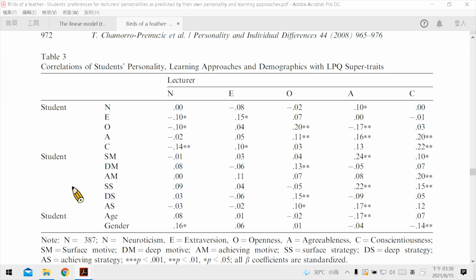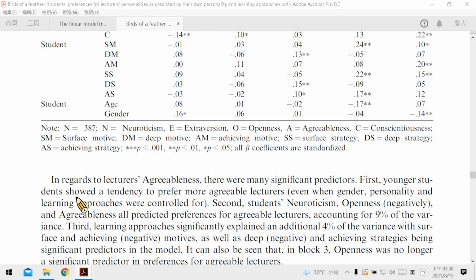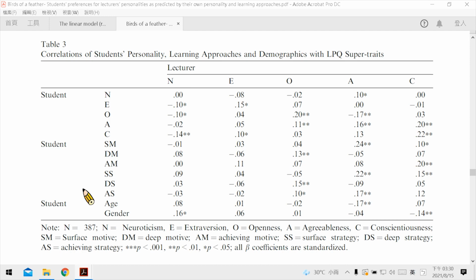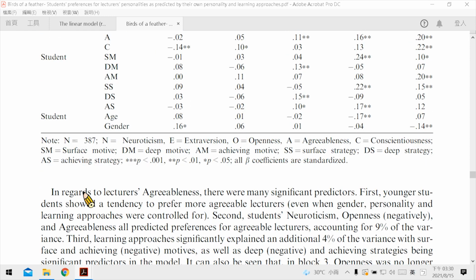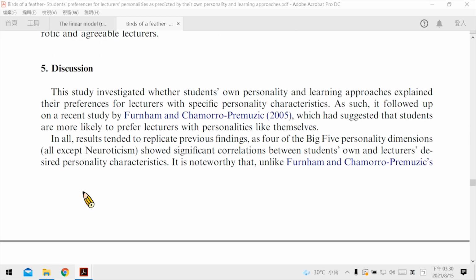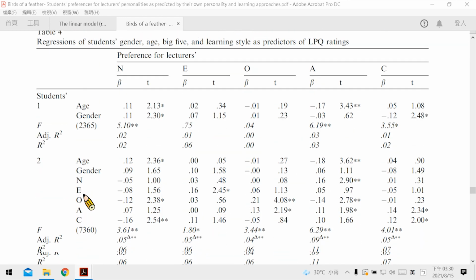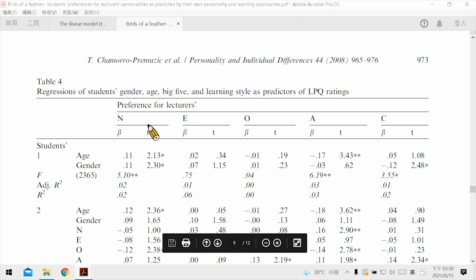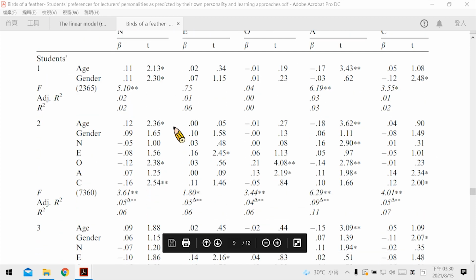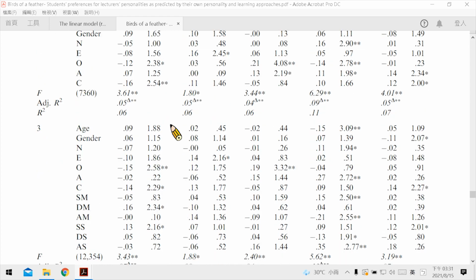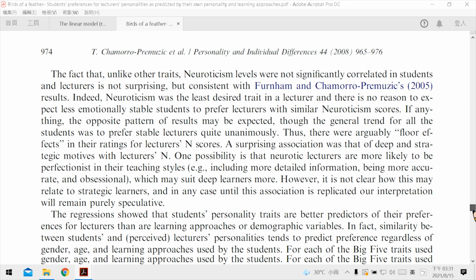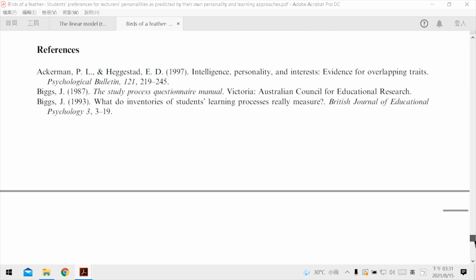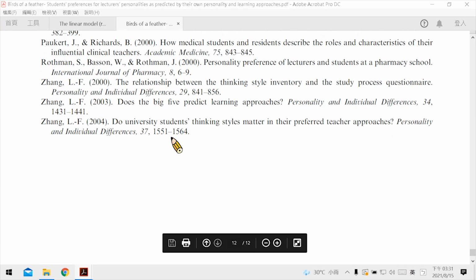Okay, and the discussion, and regression. You see the regression. Okay, so this is the paper.